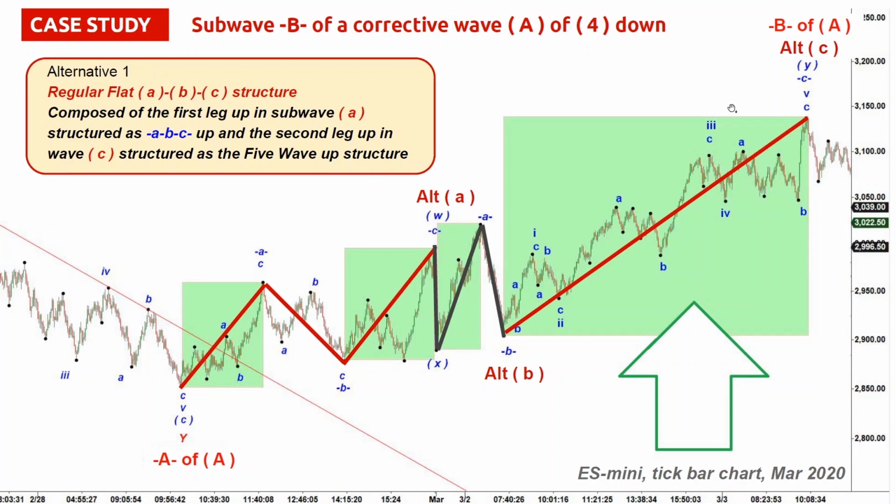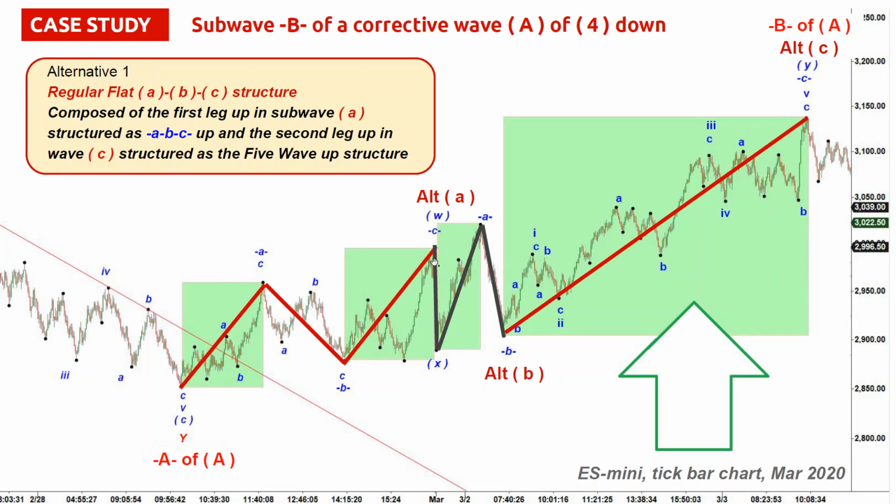However, we can still count it as a regular flat, and we can still count the drop as part of wave B, which basically would be structured as a running flat.